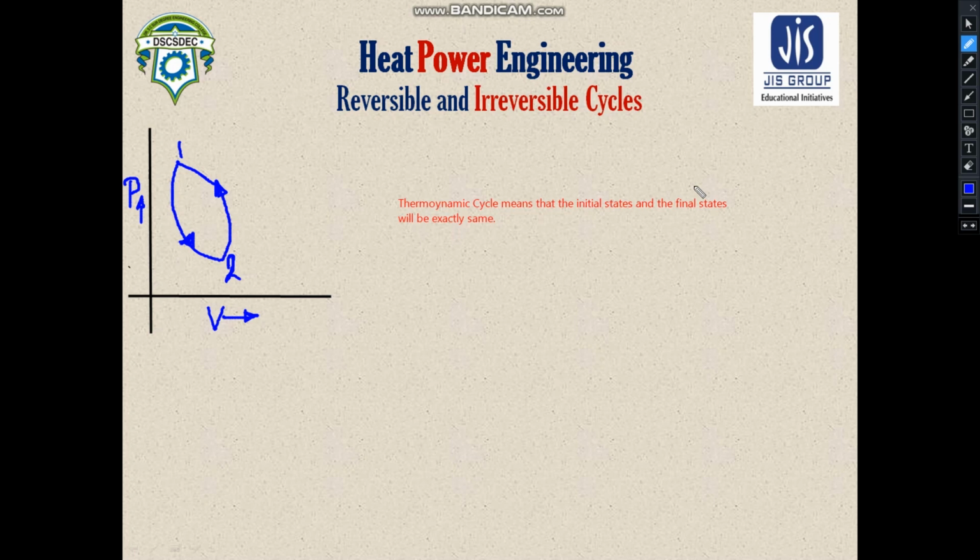Now if someone thinks he will reverse this process, that means he will cool the road surface and with this cooling try to generate kinetic energy, that means move the vehicle by cooling the surface, that is impossible. You cannot move the vehicle by cooling the road surface. So this is an example where the process can be carried out in one single direction only.